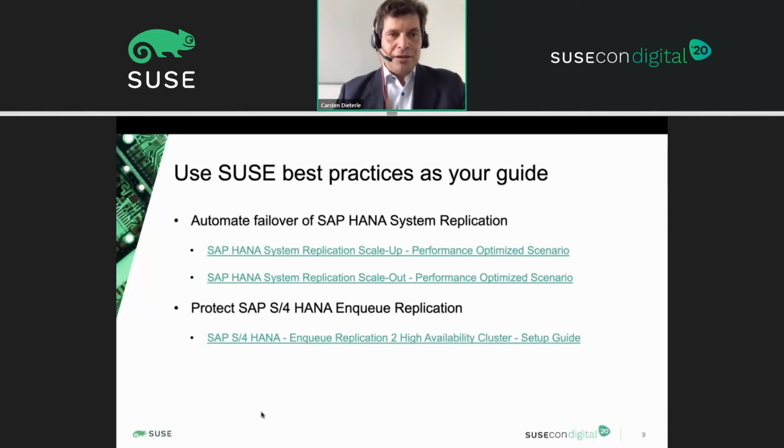And I have here provided you links to SUSE, where they have really the best practices how to set up HANA system replication in scale up or in scale out topology, or even how you set up two high availability clusters when you also want to protect your application. That means the HEC replication server setup.